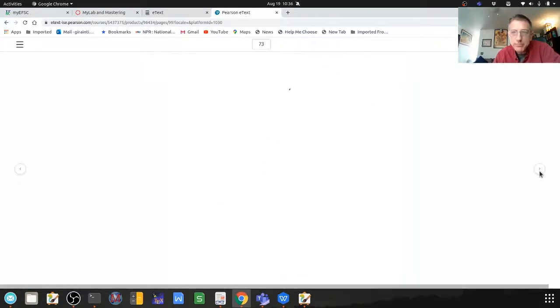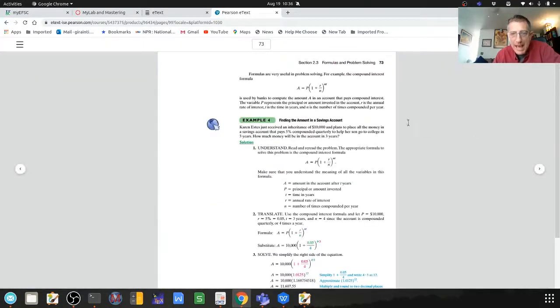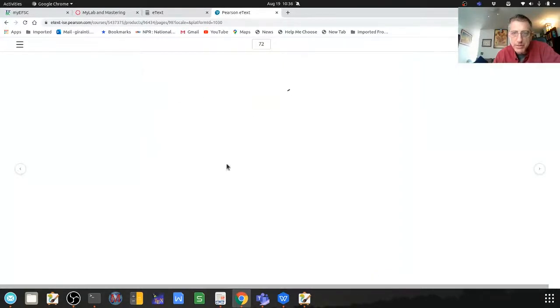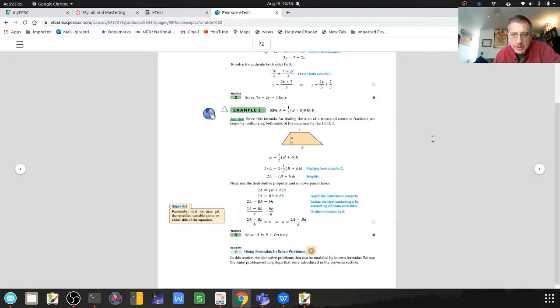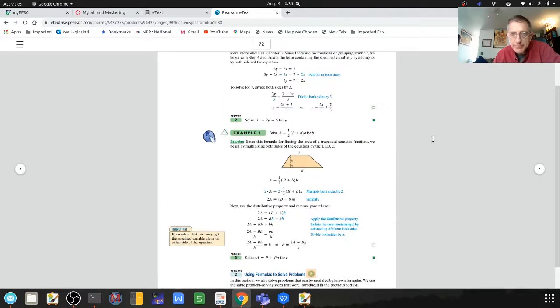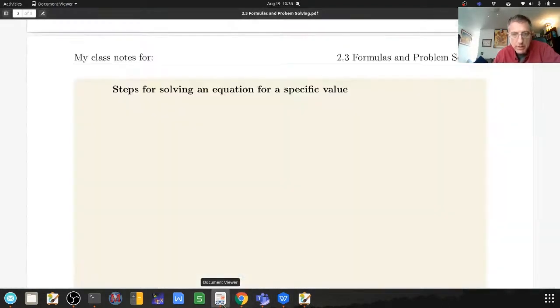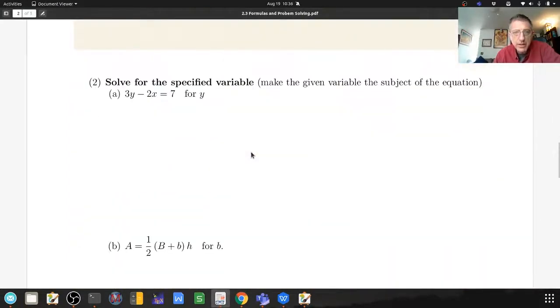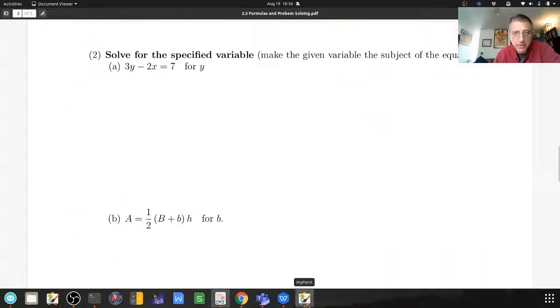Maybe. Sometimes I will add things that the book doesn't have, and I think that's something I added. So you'll have to pause the screen and copy them down if you need it. So let's actually do a problem where we use these steps.